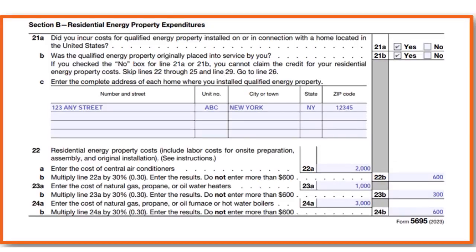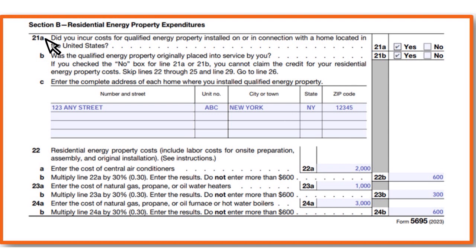Now I want to talk to you about part two, residential energy property expenditures. Here, if you incur the cost for qualified energy property installed on or in connection with the home located in the United States, you have to check the appropriate boxes for 21A and 21B here. So that's what we did. Then you have to enter the complete address of each home where you installed qualified energy property.